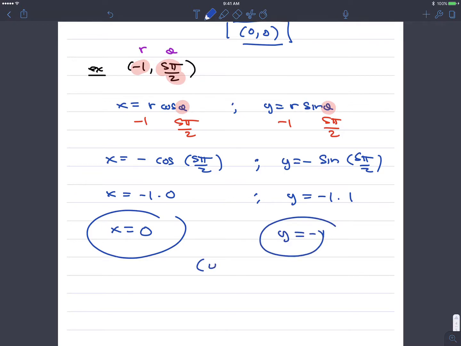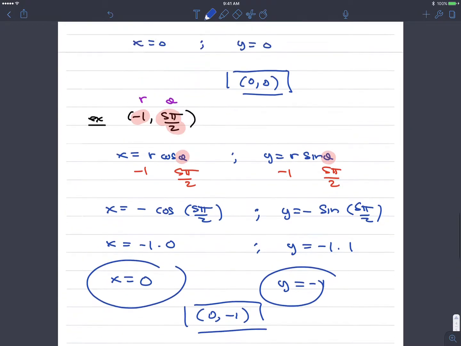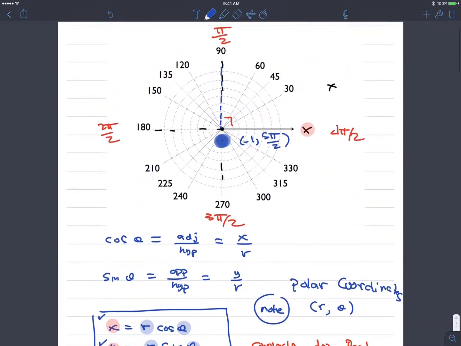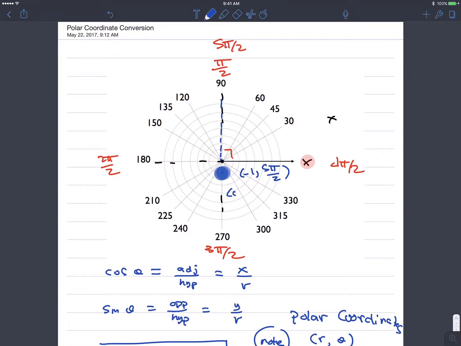And y is -1. We've converted: 0, -1. Is that consistent with what we drew? It is. Okay, so that's the point 0, -1 right here.